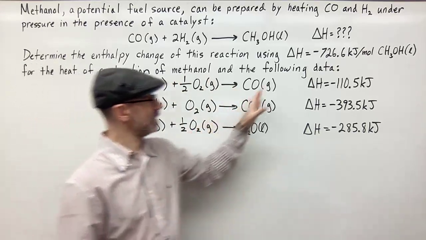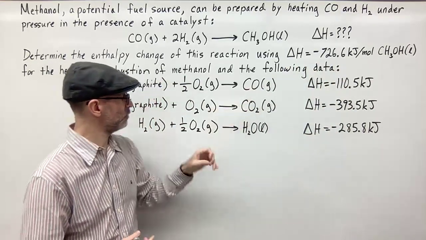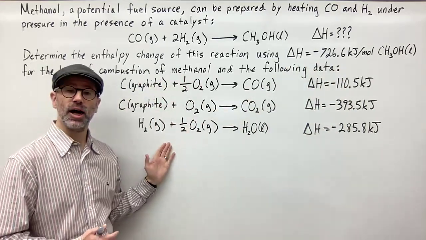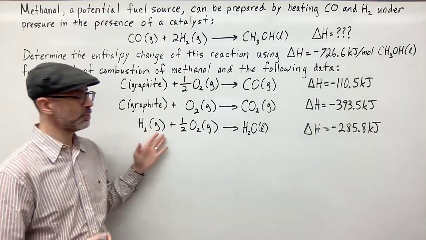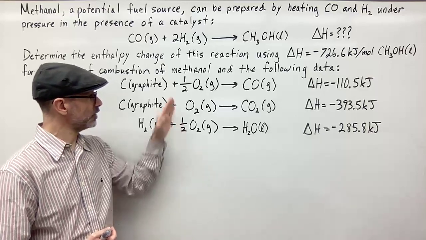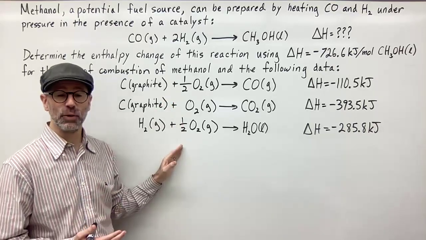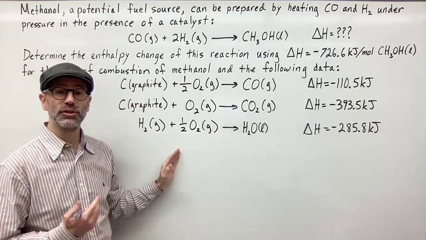They're equations of formation of different compounds. So the heats that we're given here are the heats of formation of the various compounds from their elements in their standard states. This is kind of the only time you're going to see fractions as coefficients in the equations, because they're equations of formation.